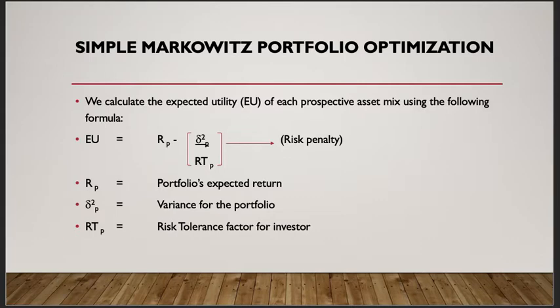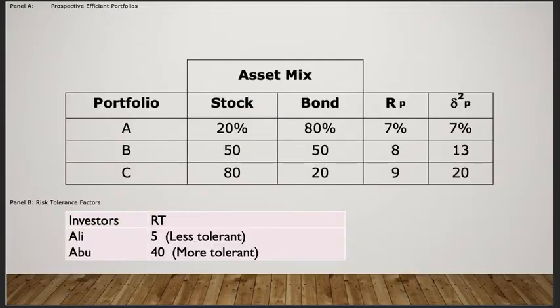Next, here's the question. Panel A is the prospective efficient portfolios, where we have the asset mix for portfolios A, B, and C, made of stock and bond. Portfolio A has 20% stock, 80% bond, and the return of the portfolio, RP, is 7%, and the variance of the portfolio is also 7%.